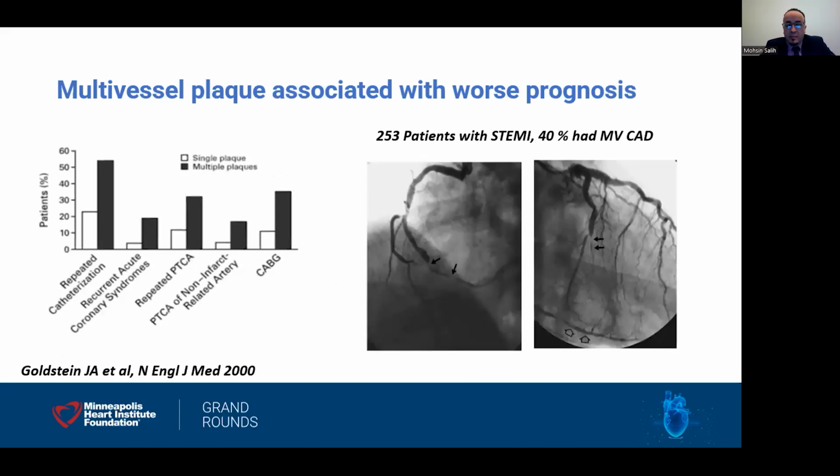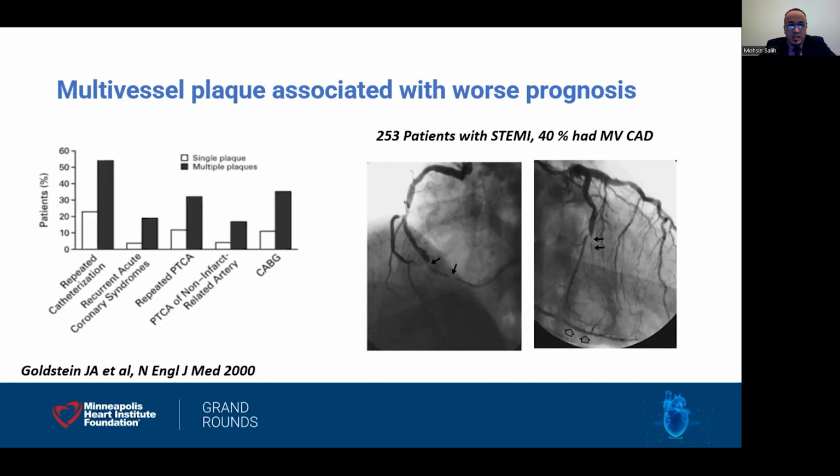So back decades ago, Goldstein and his colleagues looked into about 250 patients presenting with STEMI, and they reviewed the angiograms and found about 40% had multivessel coronary artery disease.